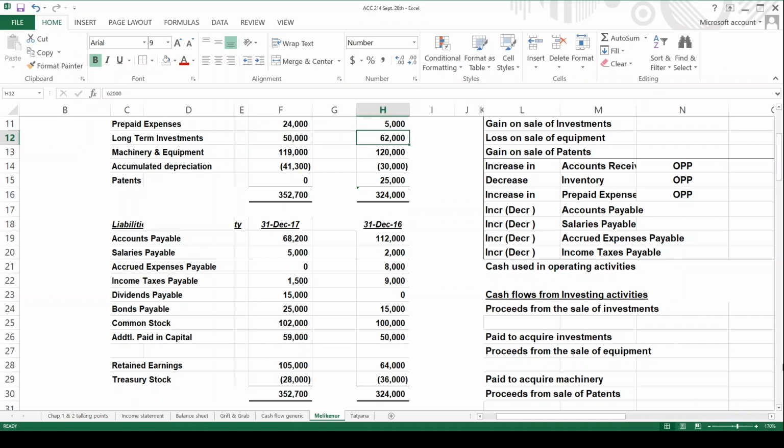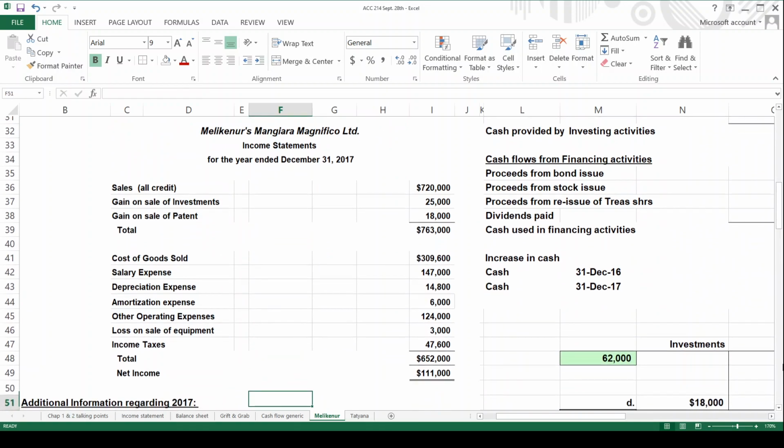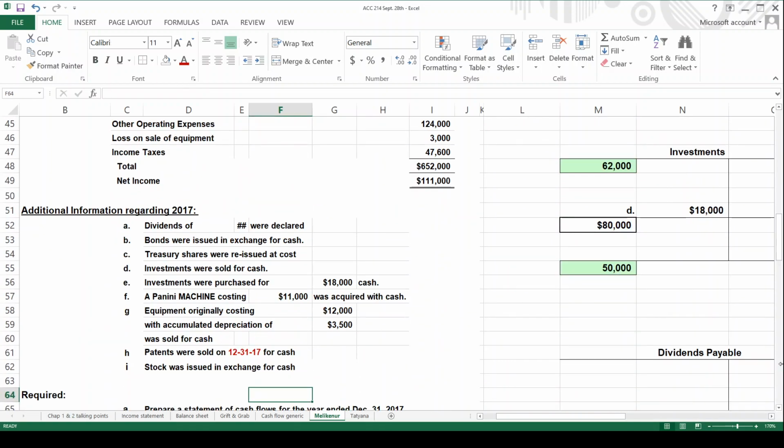But how do we know there wasn't something bought as well? Well, we don't. So in the real world, you'd have a year-to-date general ledger and you could see exactly what happened in here. So let's go down here and see what the other information is. It says a panini machine costing $11,000 was acquired with cash.